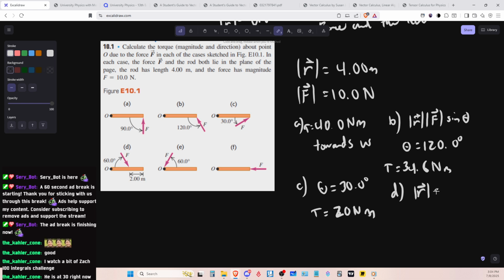The distance here is going to be 2 meters, because if you minus 2 meters from 4 meters, it's going to be 2. So now we're given theta is going to be 60 degrees.